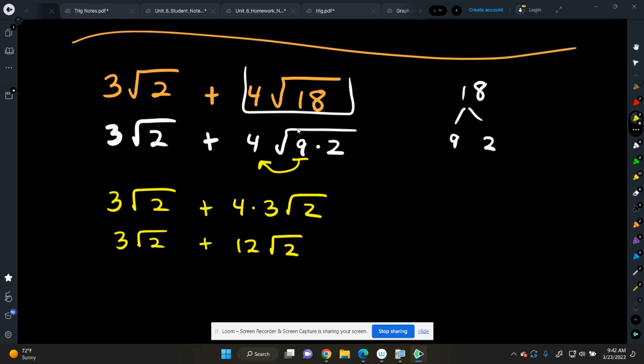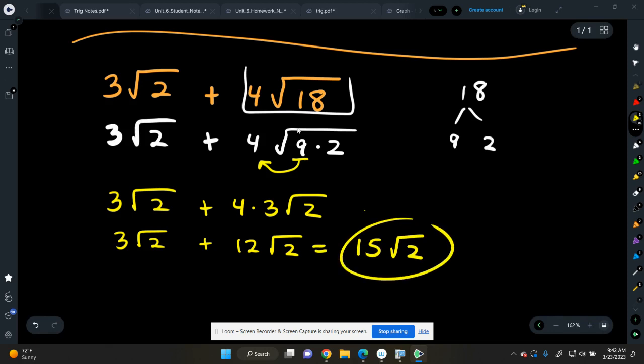We always multiply everything that comes outside. So now I can combine them, and this is 15 root 2. When we first looked at it, it looked like we couldn't do anything. In reality, we could. So you always want to make sure everything is fully simplified before you decide whether you can add or subtract.